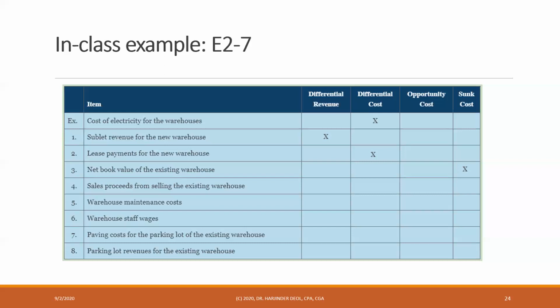Now, number 4 is sales proceeds from selling the existing warehouse. If we choose to move into the new warehouse, first of all, then we won't need the existing warehouse. So we can then sell it.